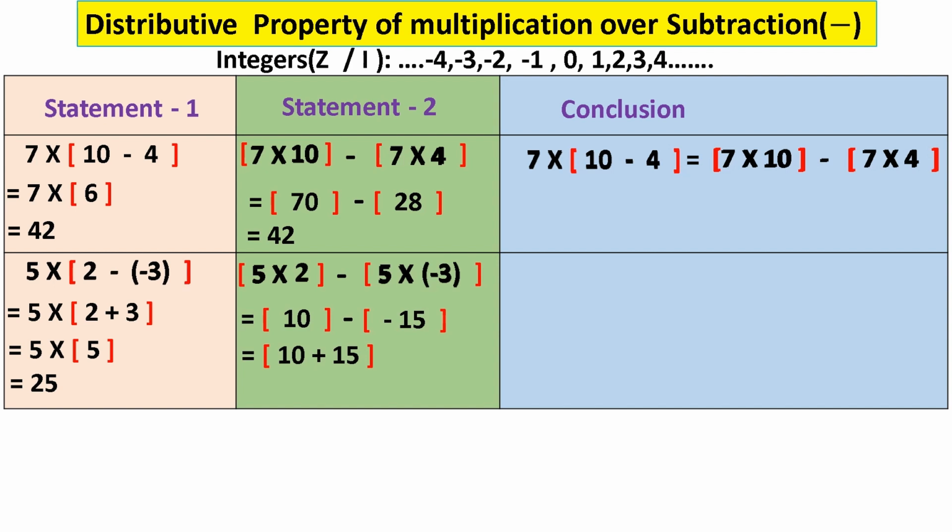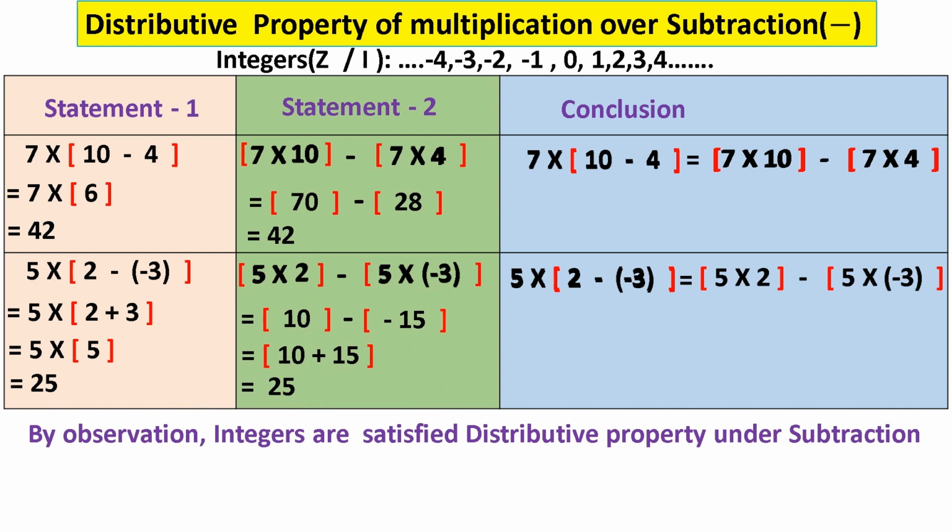That's why 10 plus 15, we will get 25. From statement 1 and statement 2 we got the same answer. So that's why 5 of 2 minus minus 3 is equal to 5 into 2 minus 5 into minus 3.